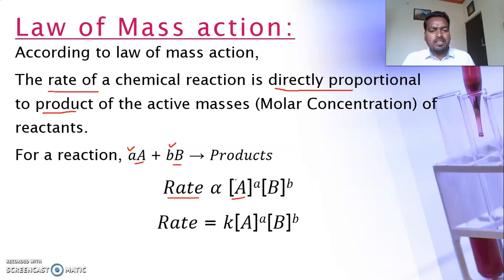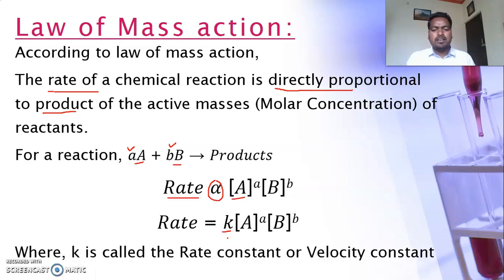Anything within the square bracket indicates concentration, so this is called the concentration term, and this is the power a and power b. Then to remove this proportionality, we introduce a proportionality constant K, where K is called the rate constant or velocity constant of a reaction.